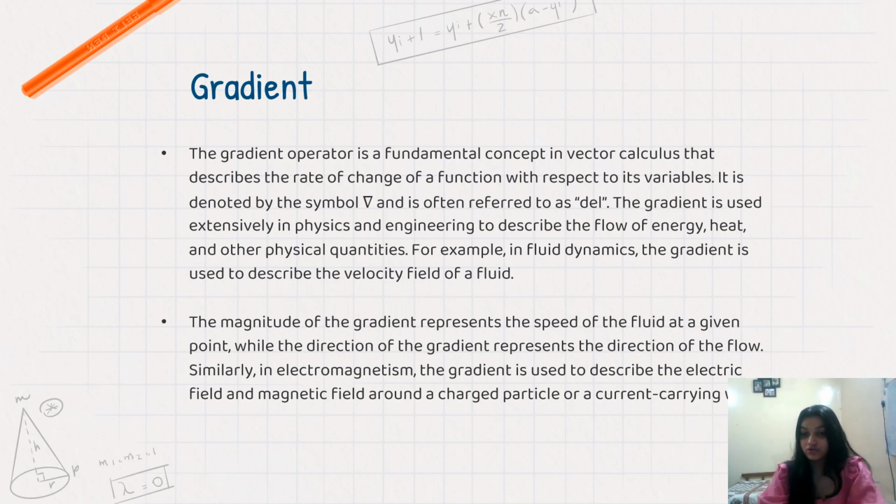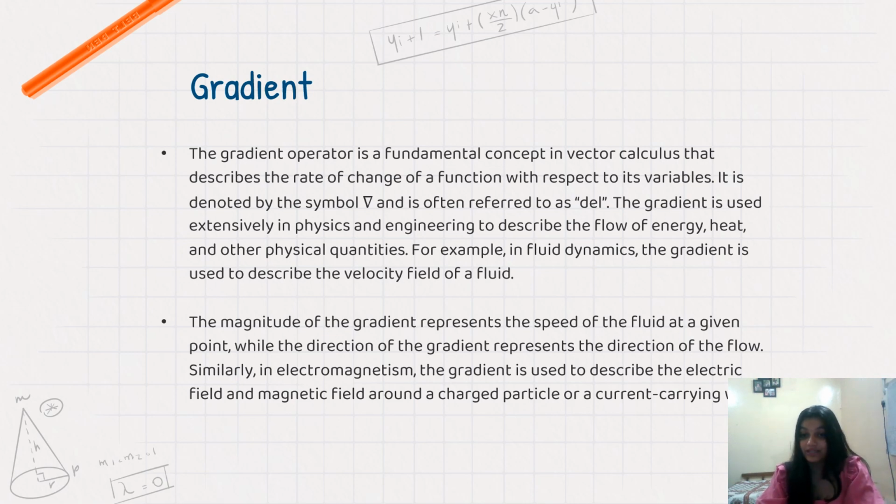Now that we have understood what a vector field is and what vector calculus is, let's understand the gradient operator. The gradient operator is a fundamental concept in the field of vector calculus. It describes the rate of change of a function with respect to its variables. It is denoted by the symbol del, and the gradient is used extensively in physics and engineering to describe the flow of energy, heat, and other physical quantities.